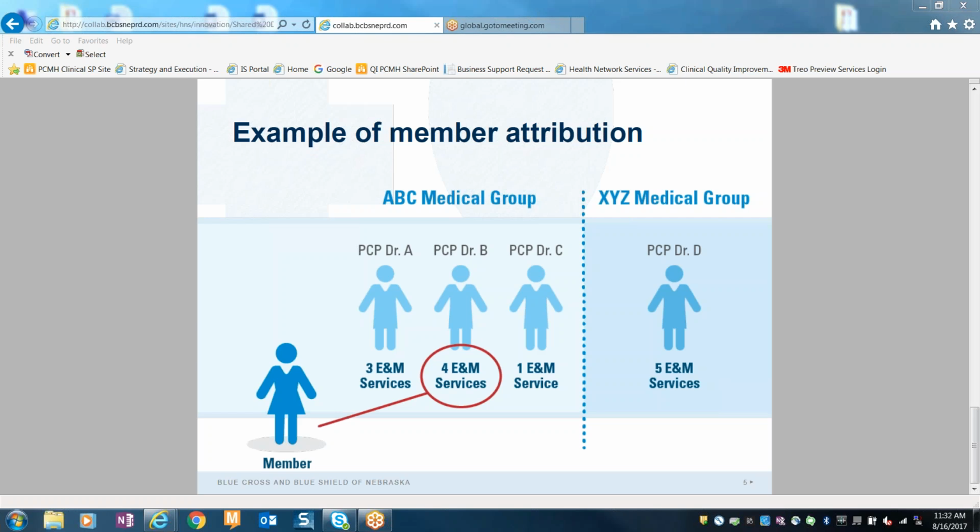So it's partially correct. Let me maybe try and clarify it a little bit. So when we're looking at performance, we're only including those members with 7 member months or who are projected to have 7 member months of coverage within the reporting period or within the program year, right? And when you say performance, are you talking the care coordination payment, or what are you talking about?